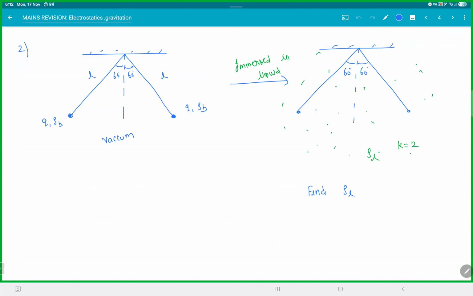So we have two pendulums, charge Q, density rho B, in vacuum, lengths L and L. The angles are 60 degrees. When you take these two, then just take the system and put it inside a liquid of density rho L and dielectric constant K equal to 2, the angle still remains the same.